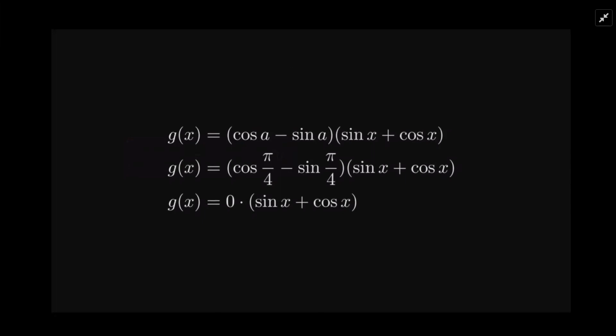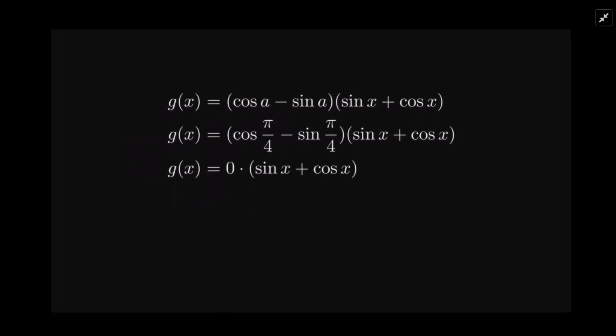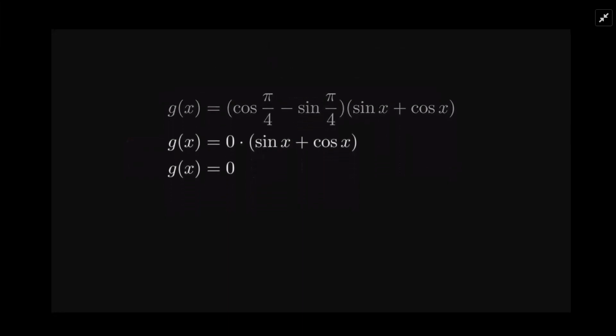That's 0. And so the function is just a straight line at y equals 0. Horizontal line. You can see as you run it through different a's that it flattens out and it actually approaches the x-axis. So when a is pi over 4, it's a straight line.